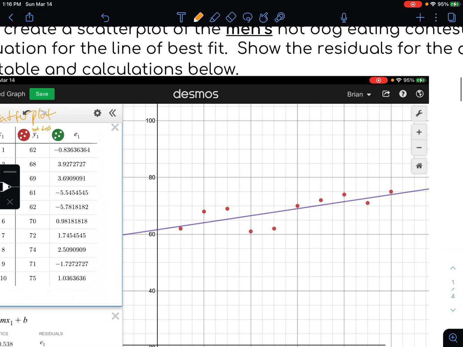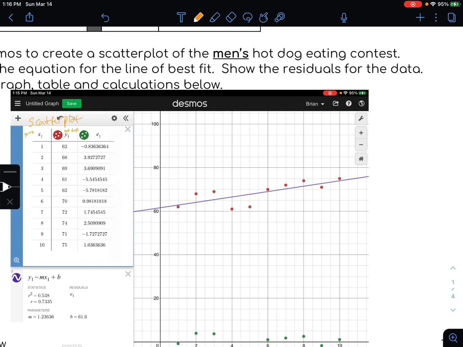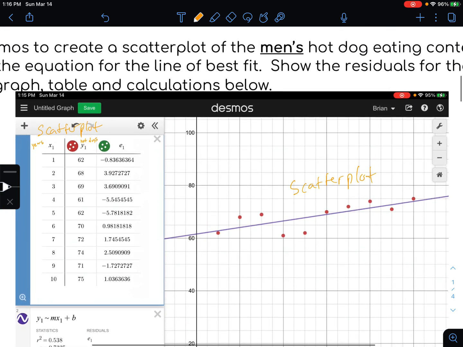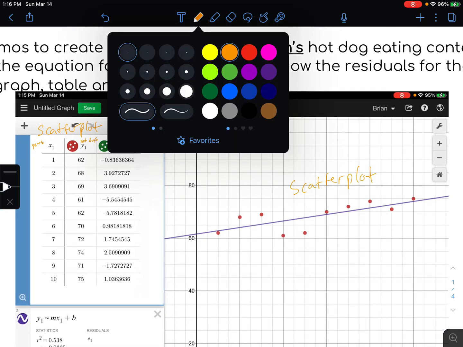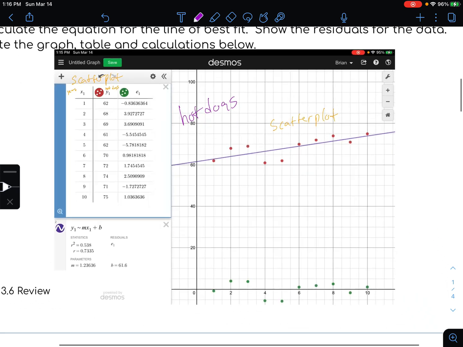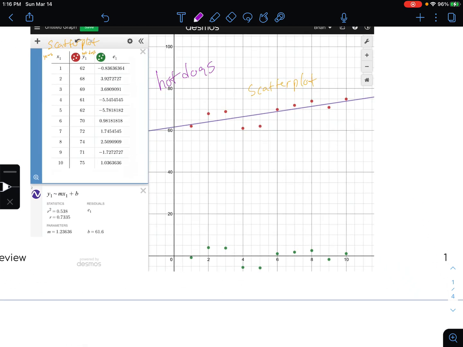And so over here on our graph, this is our scatter plot of that information. Okay, and let's also just identify. So the y-axis is hot dogs eaten, and the x-axis down here is years since 2010. So we've got that information.